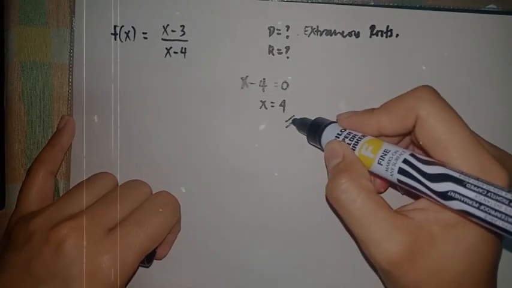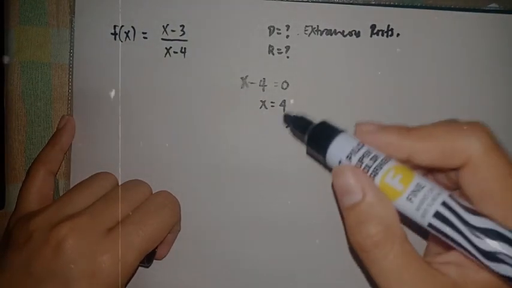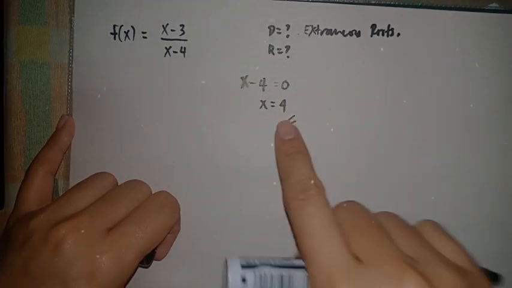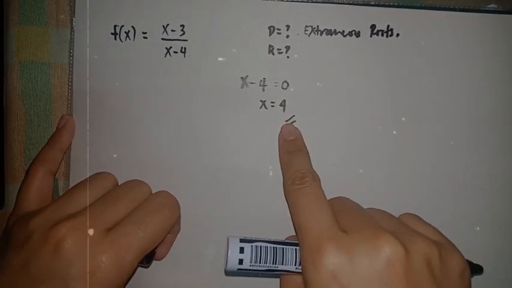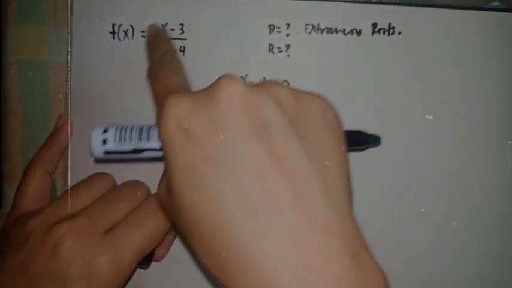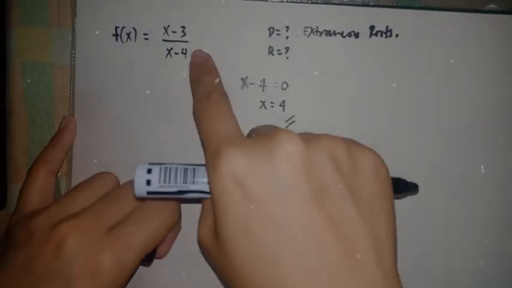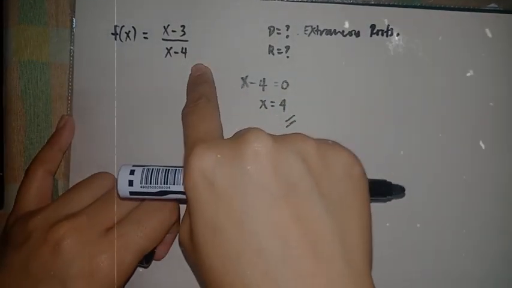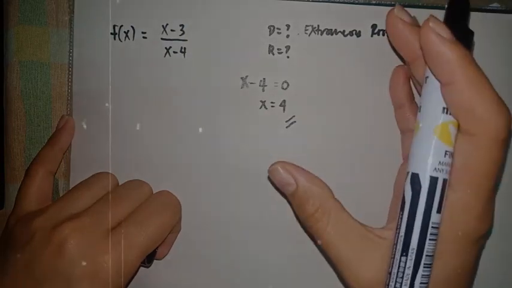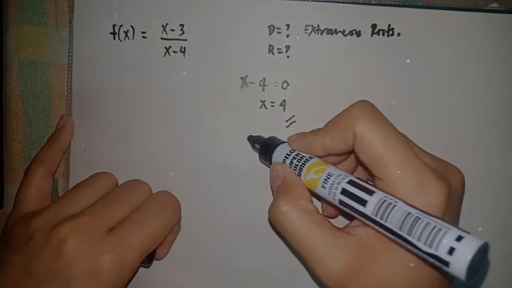So this will be our extraneous root, meaning to say the values of x are all real numbers except number 4. Because if we use the value 4 and substitute it in our rational function, the function itself will be undefined. I also taught you about the answer for domain in set builder notation.